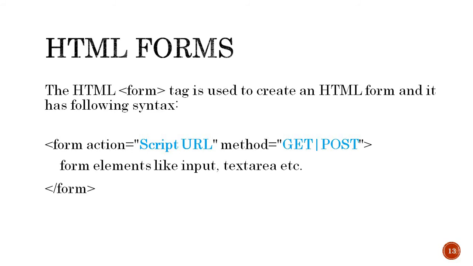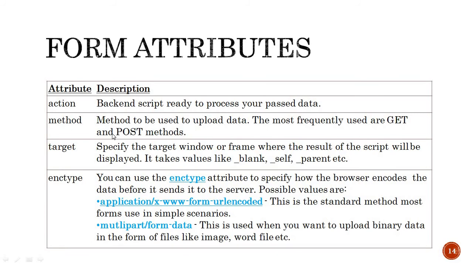Then we have two types of method, one is get and one is post. The method is used to upload data. Then target specifies the target window or frame where the result of the script will be displayed, where you want to display the result of the form after collecting the information.